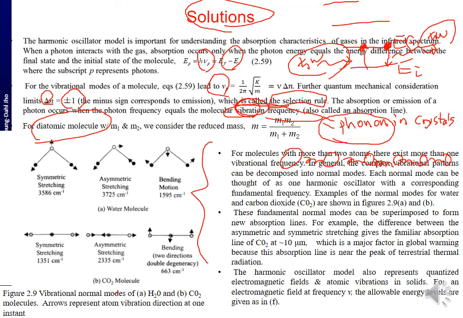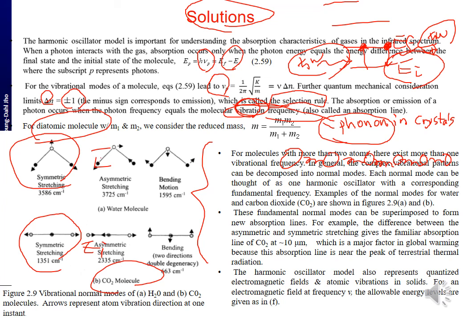This is the case of CO2 molecules, and different vibration modes will have different energy states, with different energy values. So a certain energy level can be defined like this, and the other energy level can be defined like this. You have E_I for this one, and E_F could be this one.